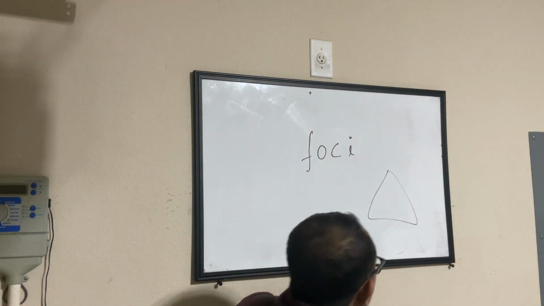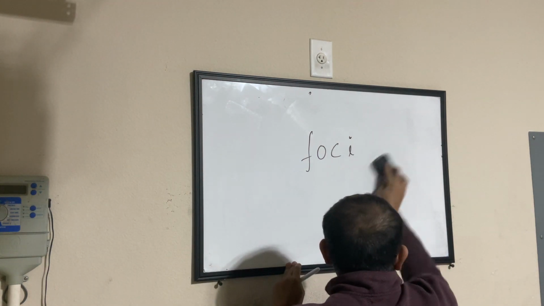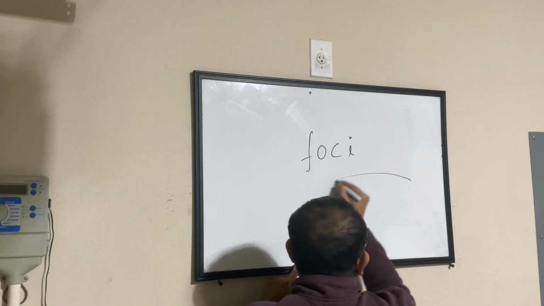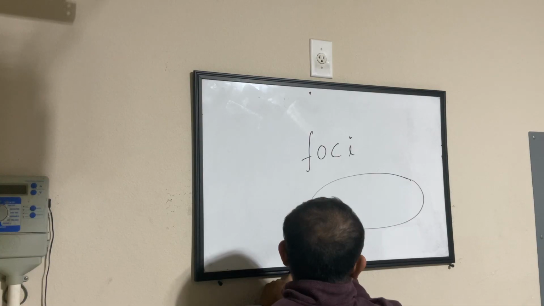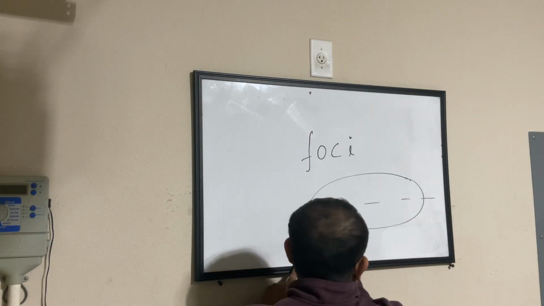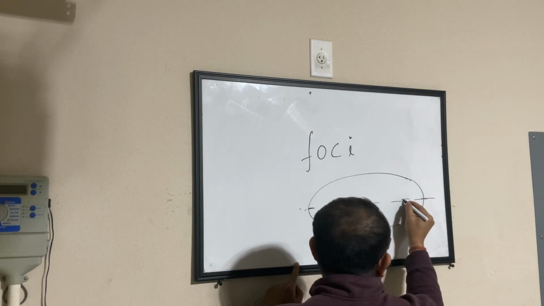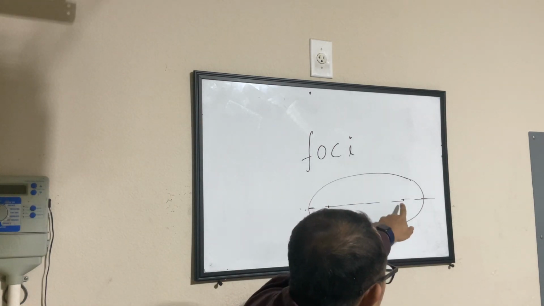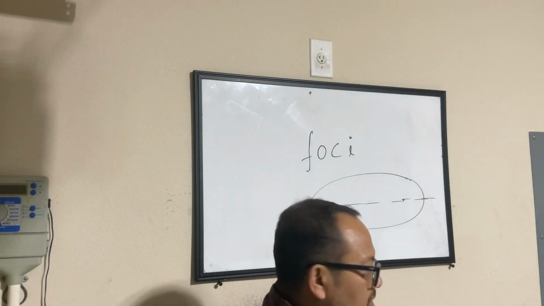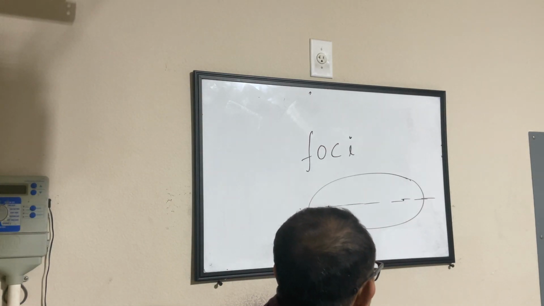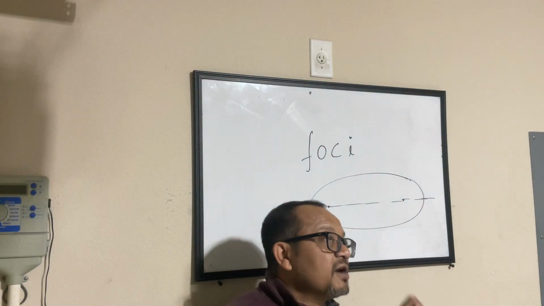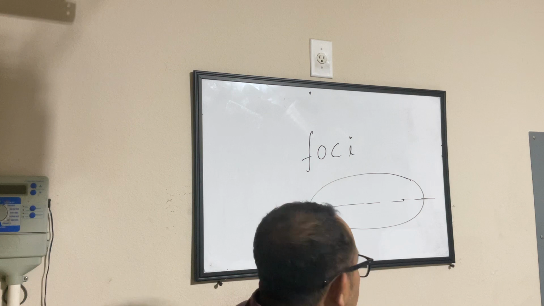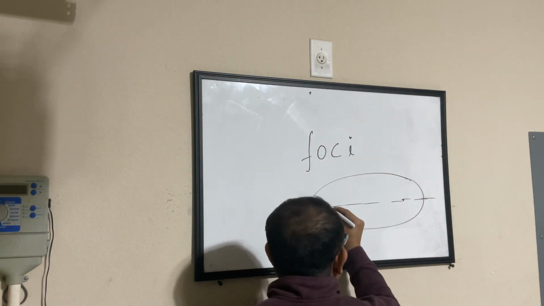Same way, an ellipse also has a very unique property, which says if you look at an ellipse along the major axis, there are 2 symmetric points on the major axis of the ellipse, which is a very unique property.